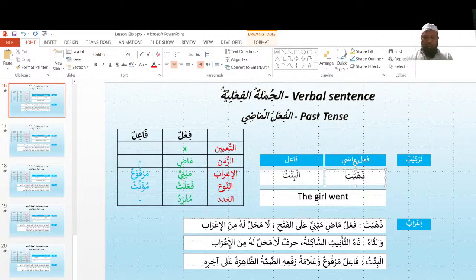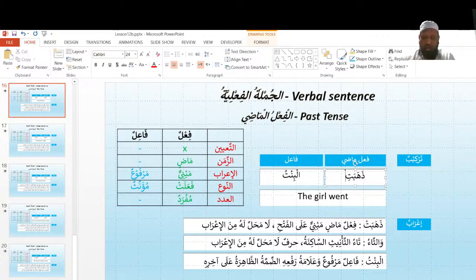Understood? So when the fa'il is معرف باللام, and if the fa'il is feminine, put a kasra.